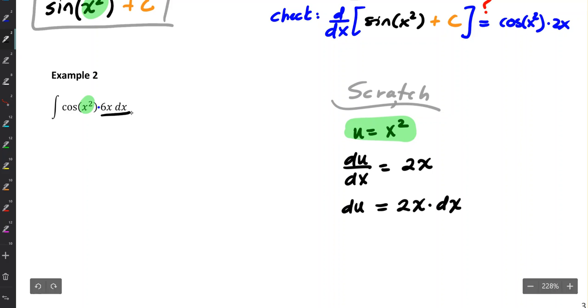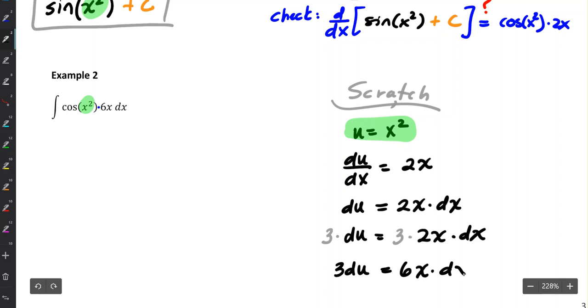And I don't exactly have 2x dx there, but I have 6x dx. If I go ahead and multiply both sides by 3, I've got 3 du is equal to 6x dx. And that is exactly what I have right here.